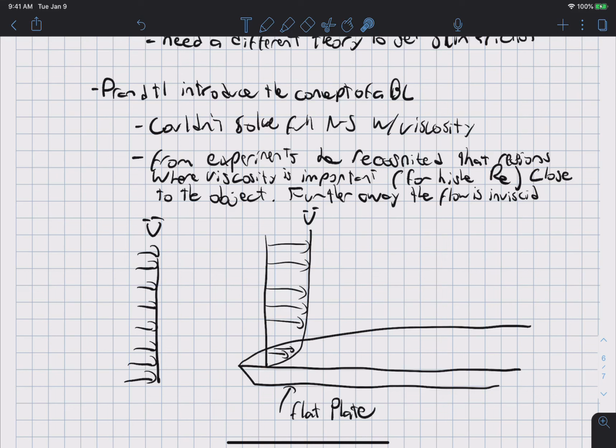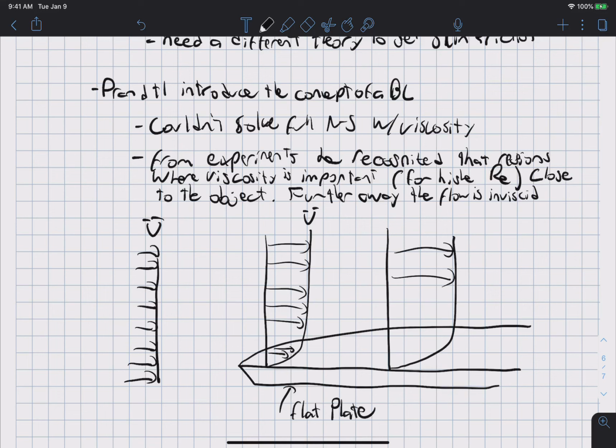Then the next layer of fluid above it sees a layer of stopped fluid, and that introduces a shear stress, which slows down the next layer, and this effect keeps progressing until the velocity reaches the free stream velocity.